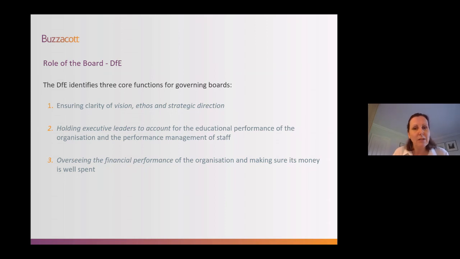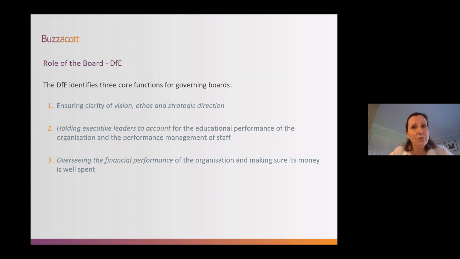It's also about holding the executive team, the executive leaders, to account, both for the educational performance of the trust, and also the performance management of your staff members. That's the broader staff members, but obviously they're looking at the executive leaders particularly, and how they work with the broader group of employees of the trust.